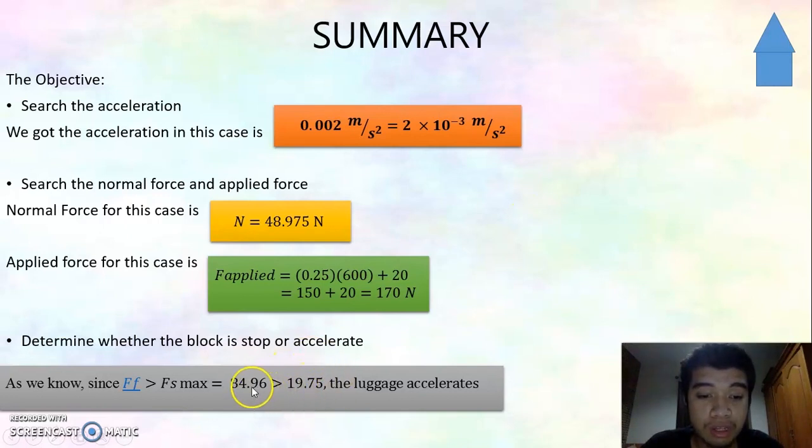Hence, the frictional force is bigger than 19.75. It means the luggage, or the bag that we pull, accelerates. Okay, that's all from me, and that's all from group 10. Thank you for watching this.